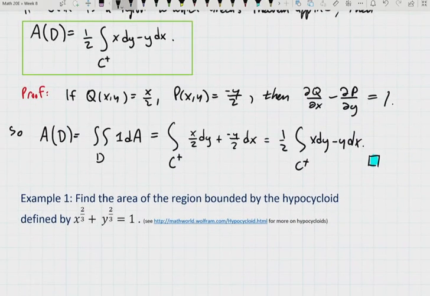Cool. Okay, so here's an example. Let's do the hypocycloid. This is kind of a cool example, which I could probably spend far too long talking about. When I was teaching in the summer, I took a deep dive into hypocycloids, epitrochoids, hypotrichoids, cycloids.